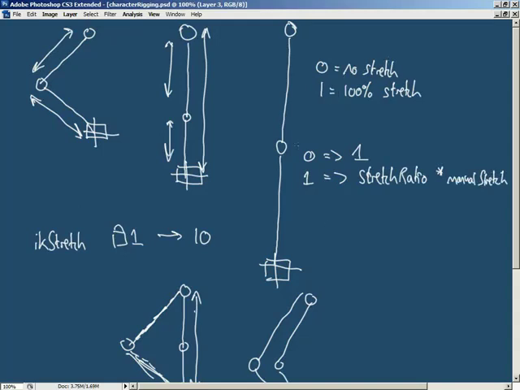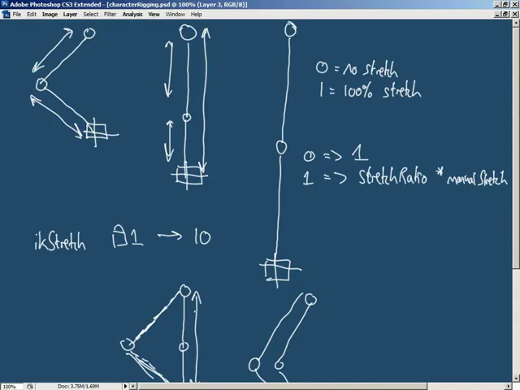We can linearly interpolate between these values, and that will allow us to linearly interpolate between a value of 1 and a value of stretch ratio multiplied by our manual stretch, or our IK stretch, if you will. And then if we take the result of that interpolation and multiply that by our initial bone length, that will give us the resulting bone length that we want for our stretched bones.